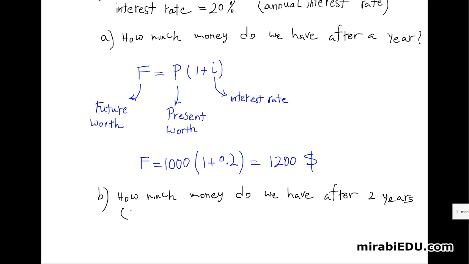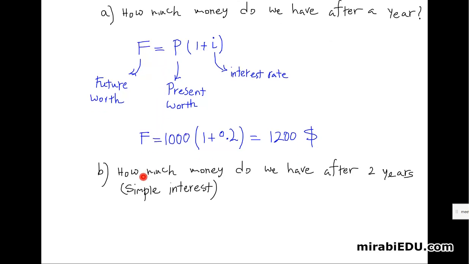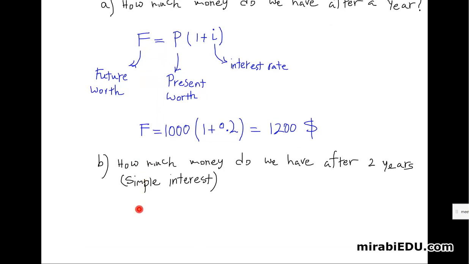Consider it to be simple interest, which means the interest amount, or this $200 amount, will not be considered as the present worth or the capital amount of money. So here we apply the formula for simple interest.